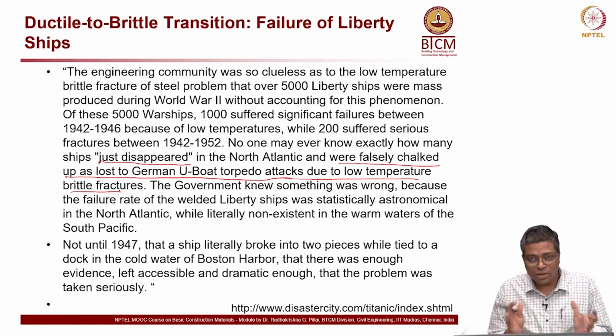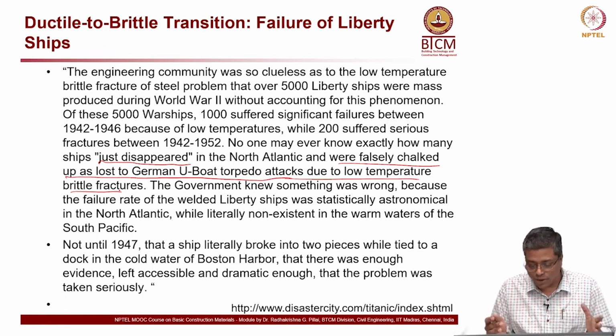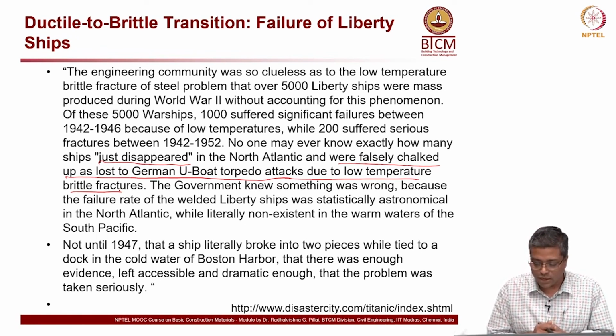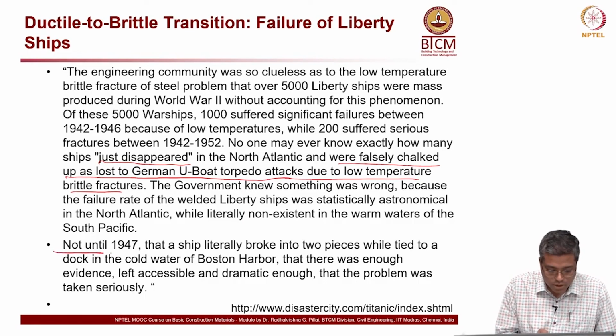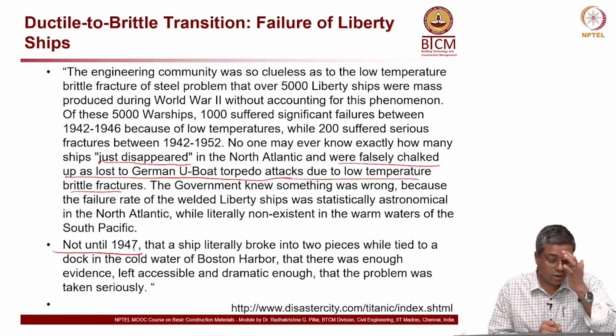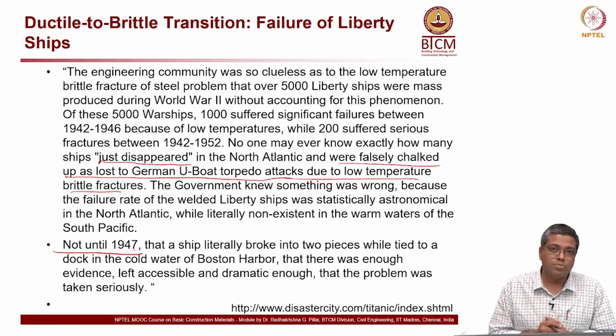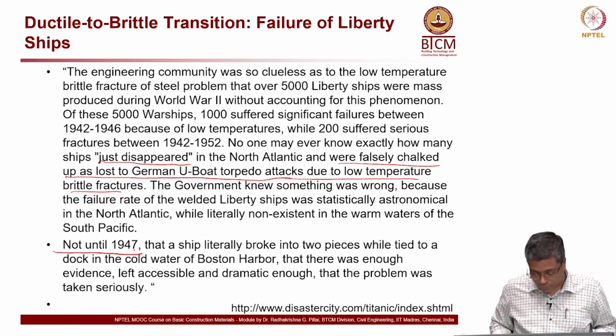So, it took several years for scientists to confirm this behavior, and it was written up only in 1947. Several years passed before the real reason for the missing ships was identified.